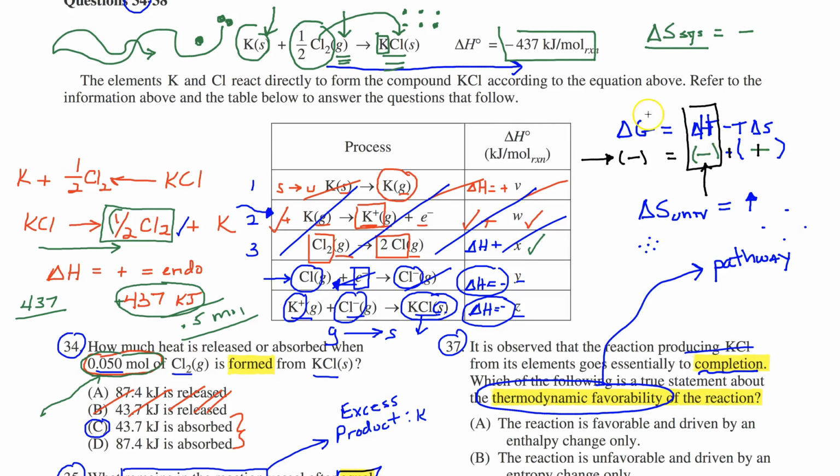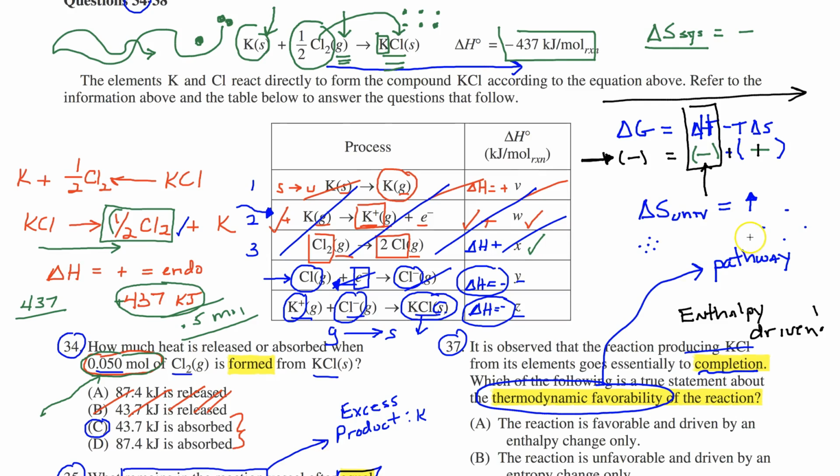The only way we can have a completion reaction that goes forward, delta G has to be very negative. It must mean that this delta H is overcoming the bad delta S. So we would call this, even though they're not bringing this up in the equation, an enthalpy-driven reaction. That's what this problem is about.